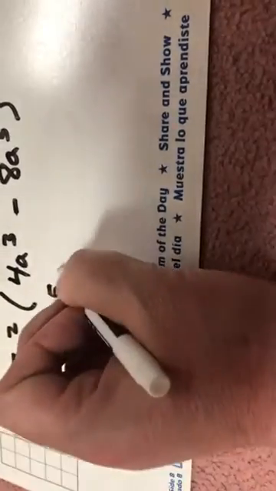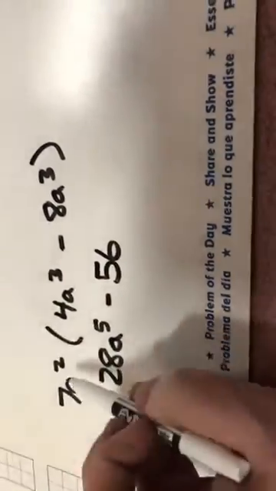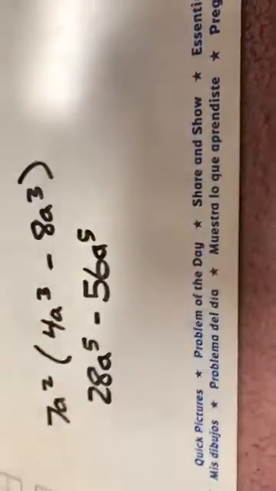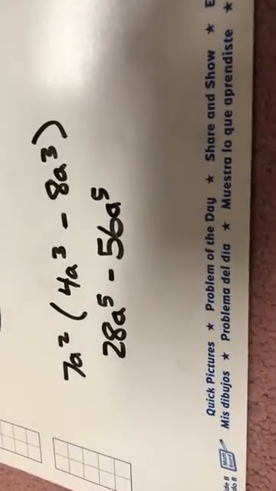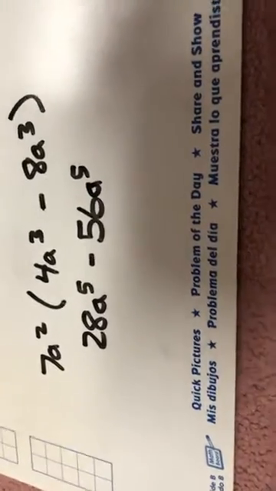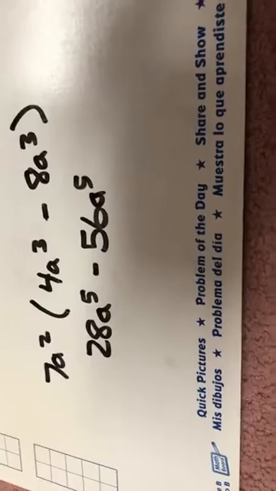Positive 7 and a negative 8 gives me a negative 56. And then once again, a to the power of 2 times a to the power of 3 gives me a to the power of 5. Now, if we were in a rush, we would just do this problem and stop right there.